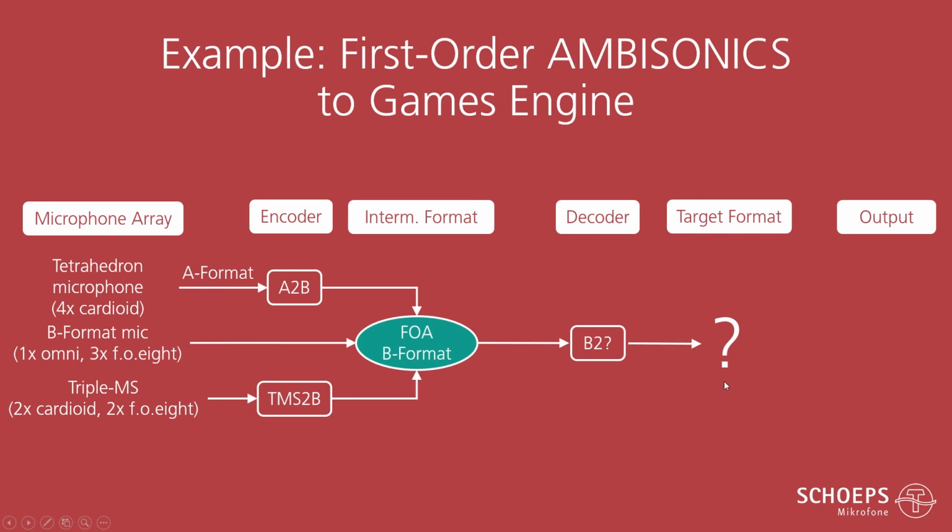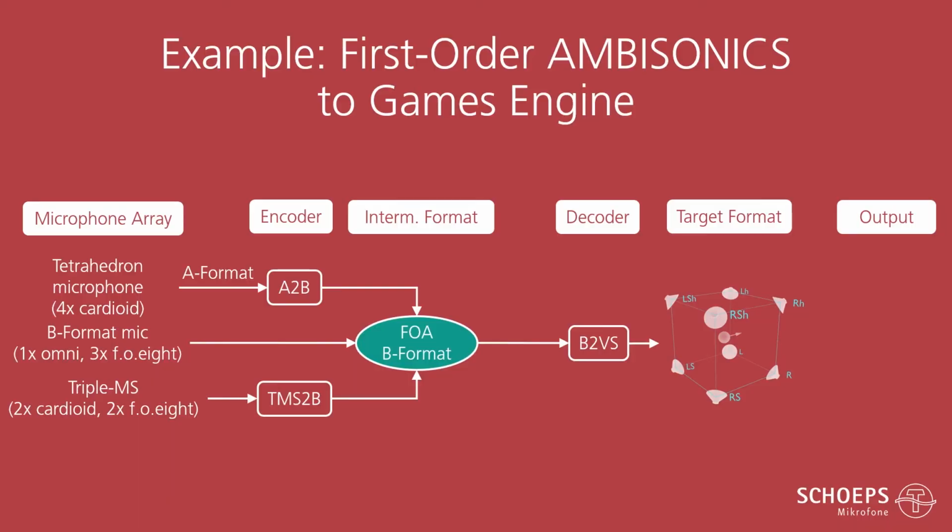So what is the target format here? In the case where you put a first order Ambisonics recording into a games engine, this will be also the virtual speakers that we talked about. So a cube could be a solution here, but it could also be something like an octahedron, which also might sound great because it has a great signal separation. It depends a little bit on your recorded material and what sounds best.